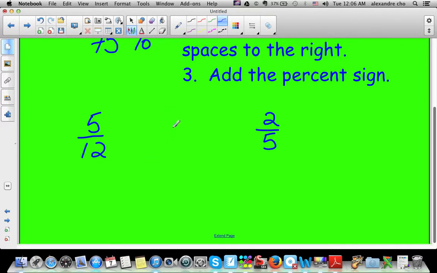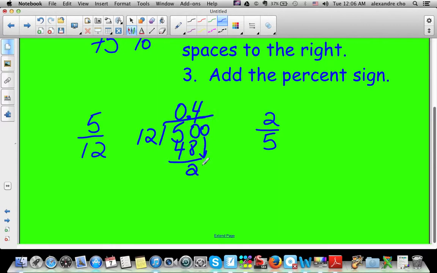All right, so 5 over 12. I'm going to divide 5 by 12. 12 does not go into 5, so I'm going to add a 0. I'm going to add a decimal, and add a 0 here. So 12 goes into 50 4 times, which is 48. Subtract, 2 left over.